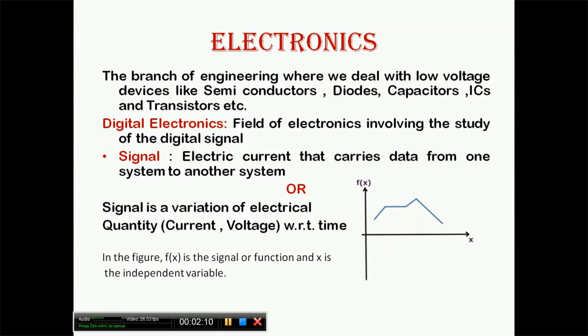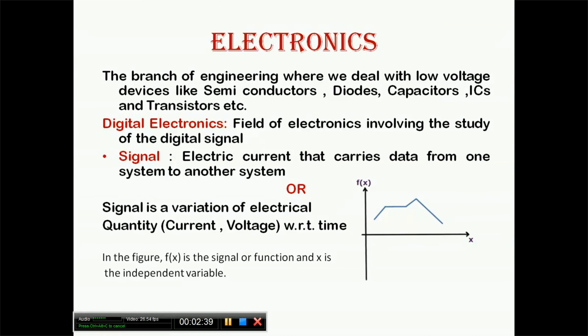Say for example, in this figure, f of x is a function of x. So this is the signal or the function, and x is the independent variable. If we take the x-axis as time, then we can have the values on the y-axis for the voltage or the current, and we get a graph like this.